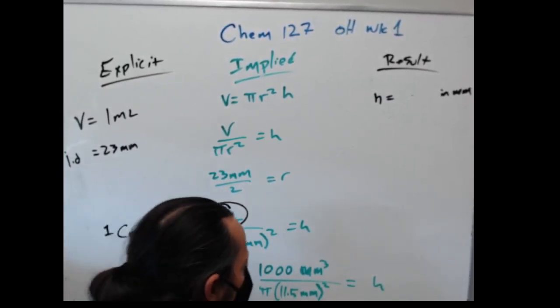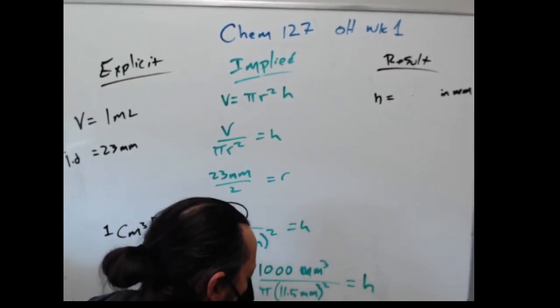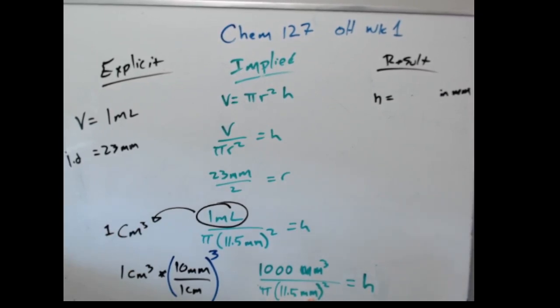Great, so notice I'm going to have millimeters squared on bottom, cancel out 2 of my millimeters on top. I'm going to be left with units of millimeters now. And that should give me the height between the marks, which I'm expecting to be like 2.